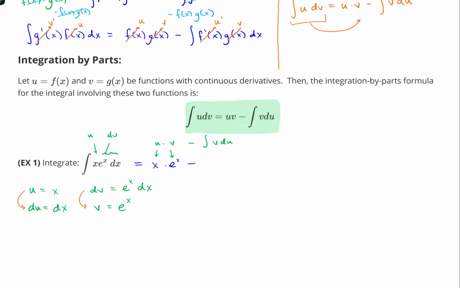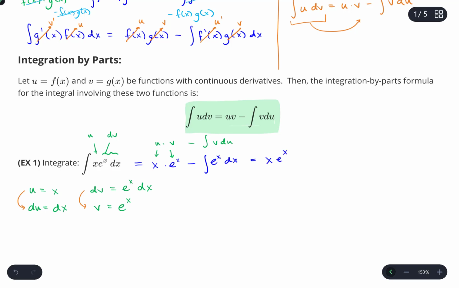So oftentimes we don't get away from all the integration necessary, but our hope is that this next integral is something that we can perform. So let's see what happens. This would be the integral of v, which is e to the x, and du is just dx. And this is an integral that we can perform. So this would be x e to the x minus e to the x plus c. And that should be the integral of x times e to the x.